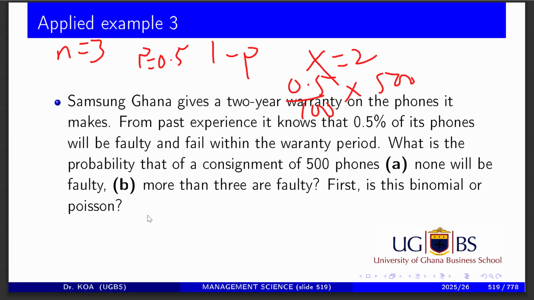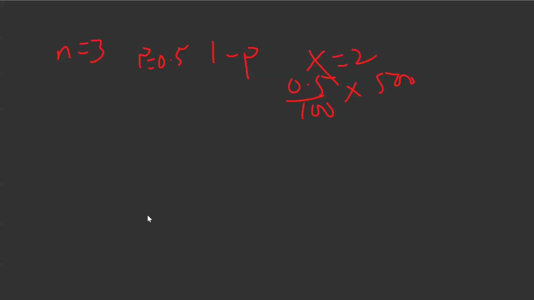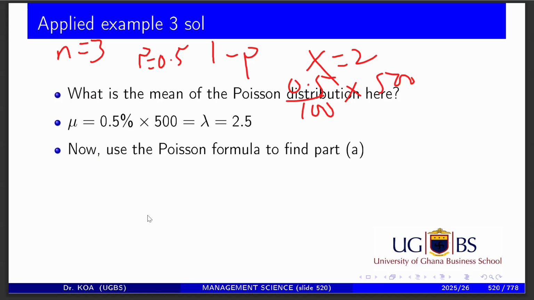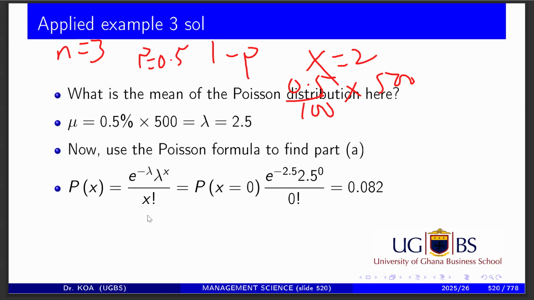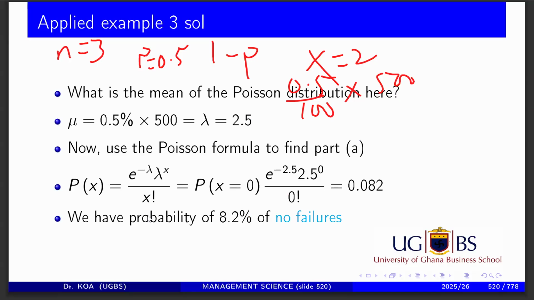You can't move all the way to 500. So instead of going more than 3, you do 1 minus the probability of 0 to 3. Do you get it? Emily? Doc, so 1 minus probability of 0 to 3.